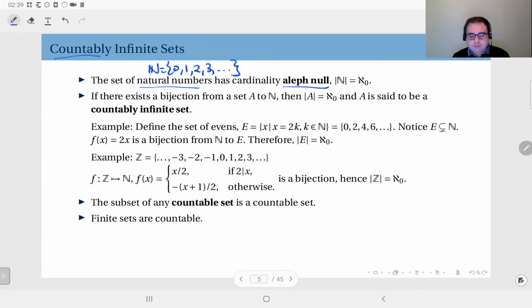This is our definition, and we define this to be the cardinality of natural numbers. And natural numbers is the benchmark set for countability. Now what does countable mean?